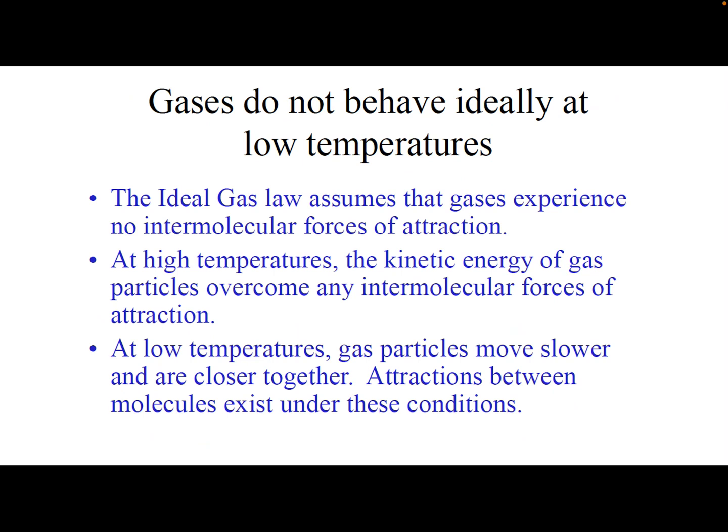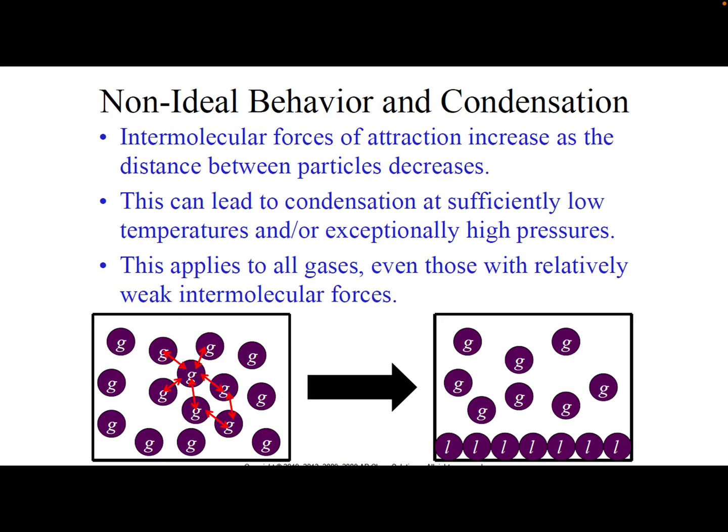Looking at low temperatures, the ideal gas law assumes that gases experience no intermolecular force of attraction, and at high temperature, those particles are moving really quickly. But at low temperatures, gas particles move slower, they're closer together, so you could get some of those attractions.